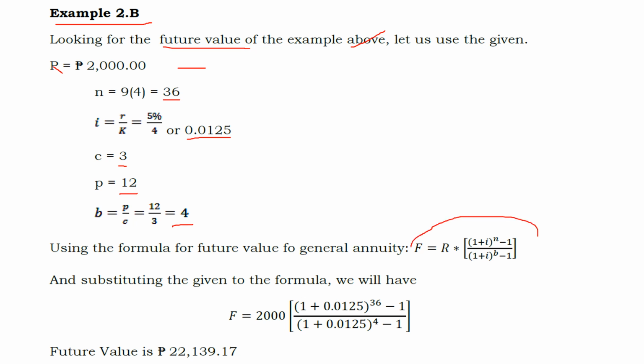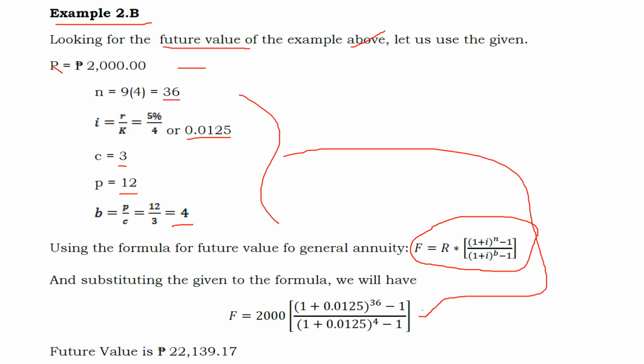Upon substituting all the given values, F is equal to 2,000 multiplied by 1 plus 0.0125 raised to 36 minus 1 all over 1 plus 0.0125 raised to 4 minus 1. The future value for this one is 22,139.17 pesos. That will be your future value for example 2.B using all the given values from example 2.A.